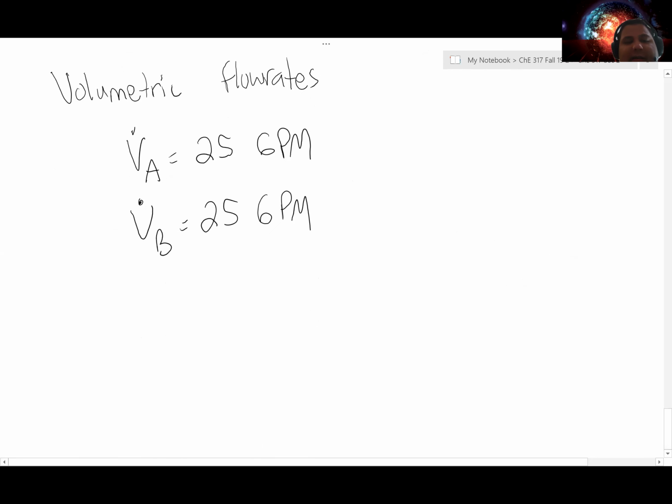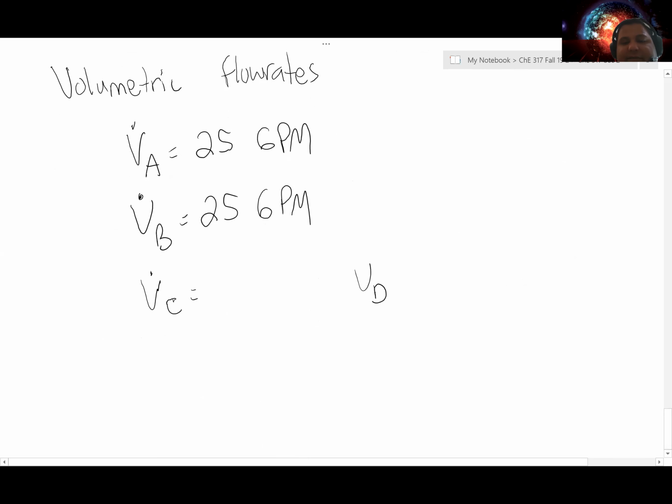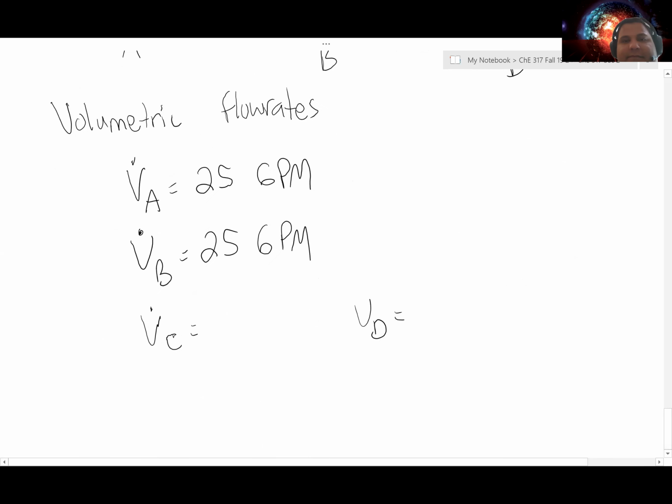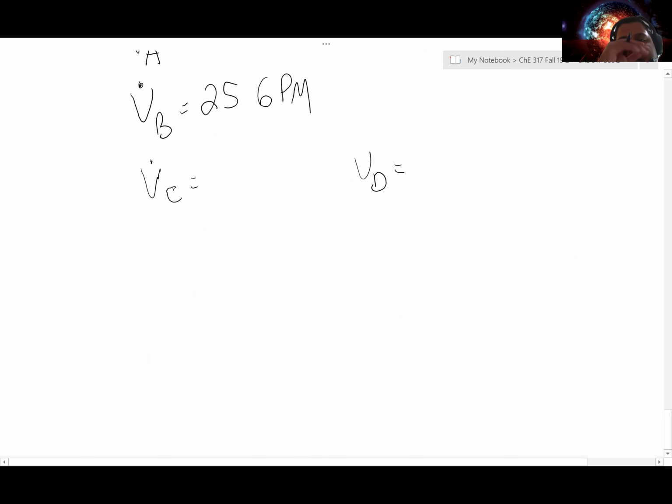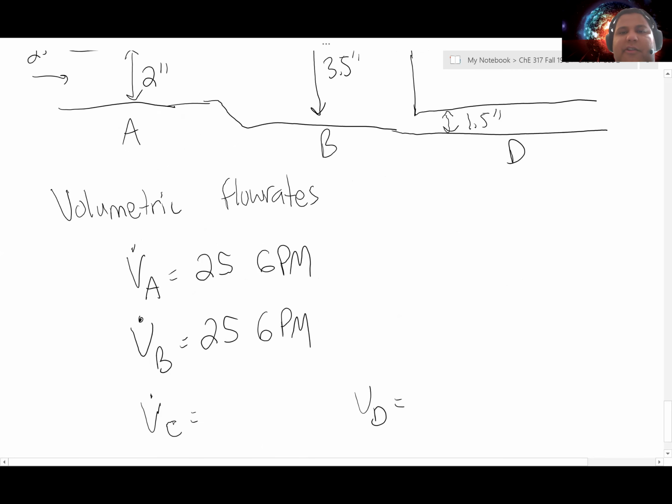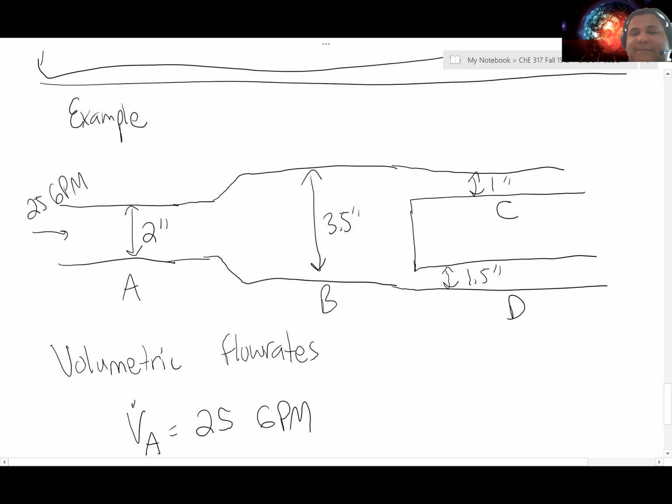The tricky part comes with the flow rates of C and the flow rates of D. If we looked at a mass balance over these sections, we would say the flow rate of B is equal to the flow rate of C plus the flow rate of D. So it looks like we have one equation and two unknowns.